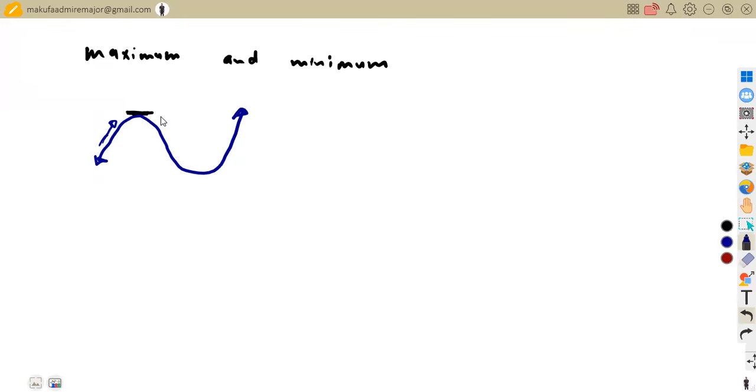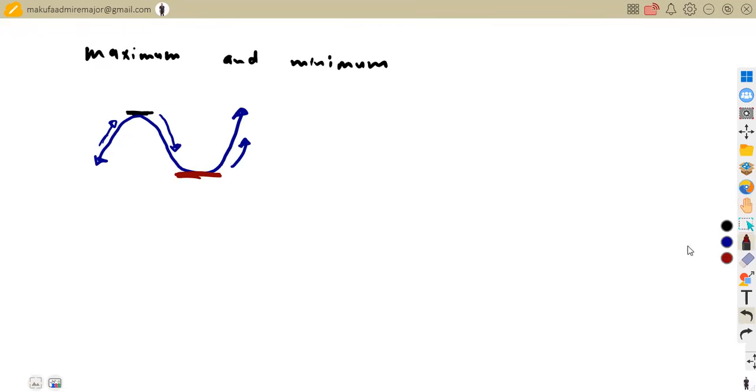From that point, the graph starts to decrease until again it is stationary, constant, no movement at all, which is referred to as the minimum turning point. Then it starts again to increase.